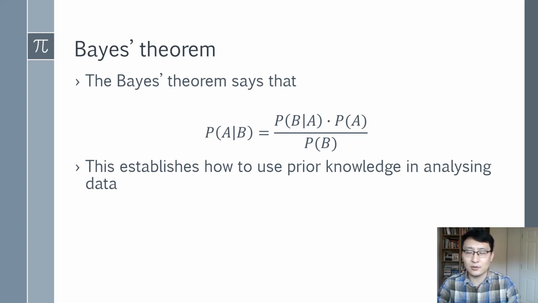For example, A could be whether you are immune, and B could be that the test is positive after you've done a test. P(A) is the probability of A itself, and P(B) is the probability of B itself. Fundamentally, it establishes how to use prior knowledge in analyzing data.